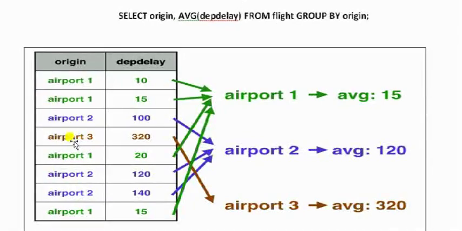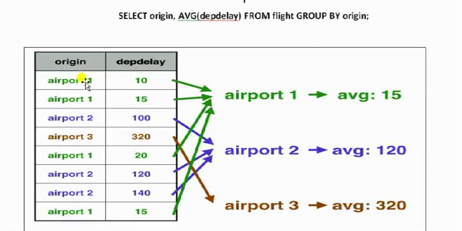So airport 3 is only 1, airport 2 are 3, and airport 1 are 4. So the similar values of the origin field are grouped together.